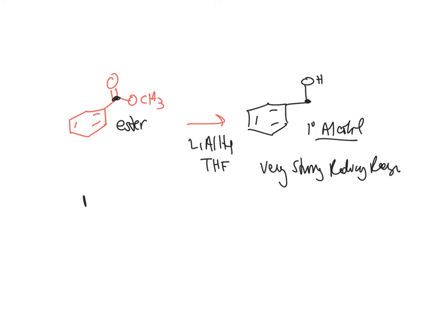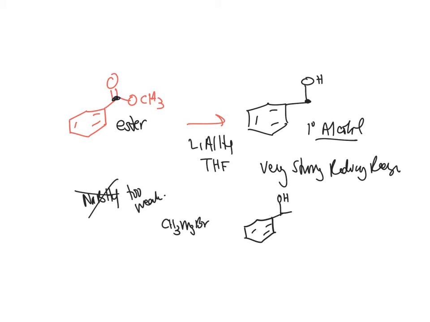Sodium borohydride would not work. Okay, that's too weak. It'll work with aldehydes and ketones. The Grignard, CH3 magnesium bromide, that would give you a tertiary alcohol. So this would have added twice, because remember, you get your ketone, this would be your leaving group.